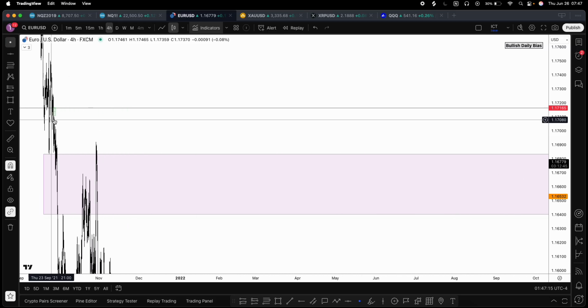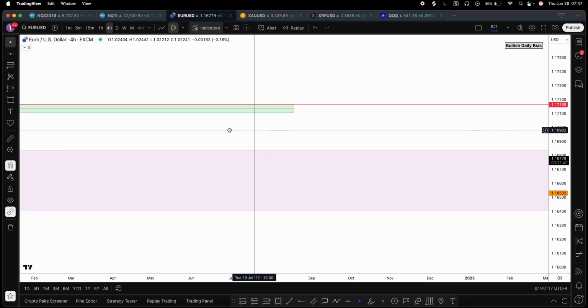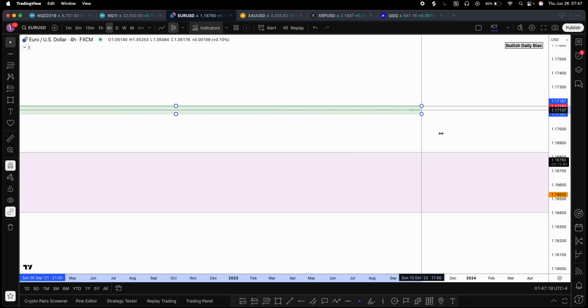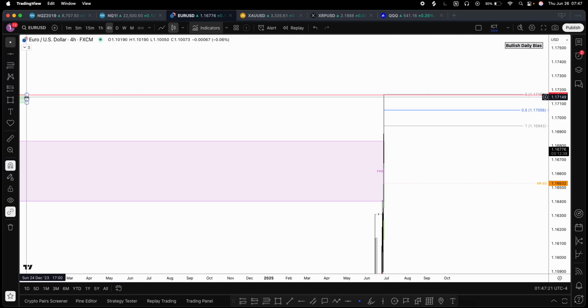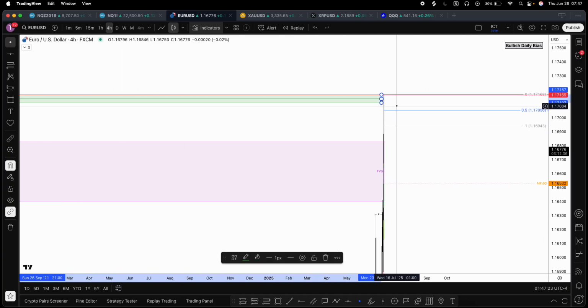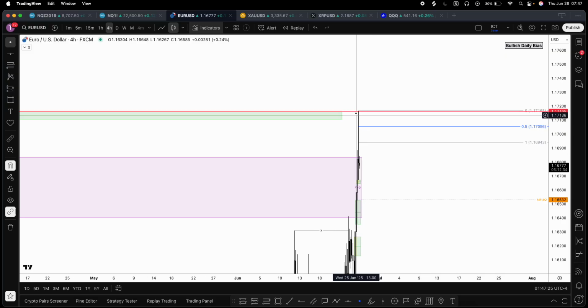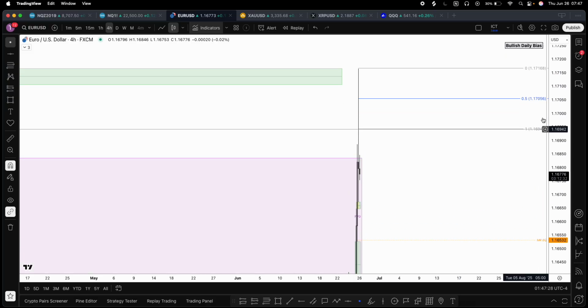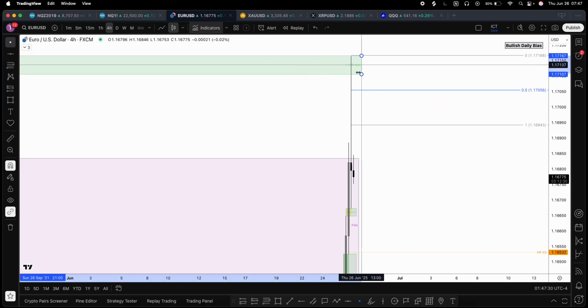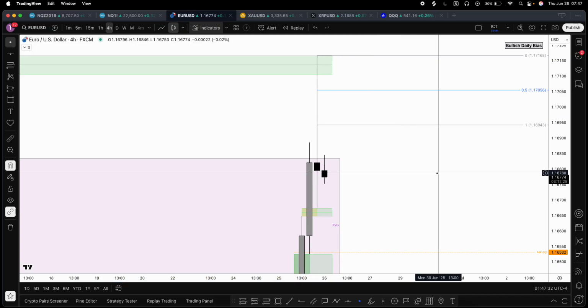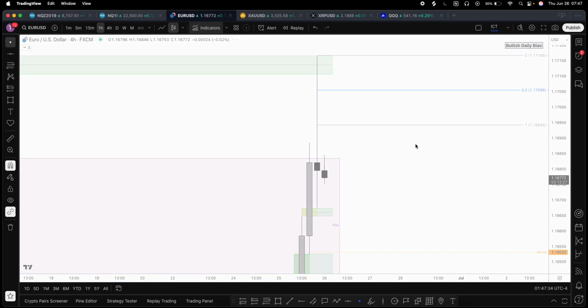It's so old though, so it's not entirely relevant. But when things line up like this, it's interesting. Something to consider. So price did bounce down off of that, so that's quite interesting.